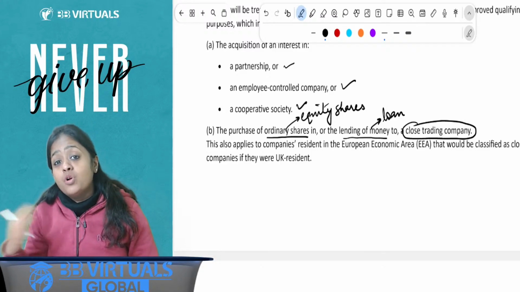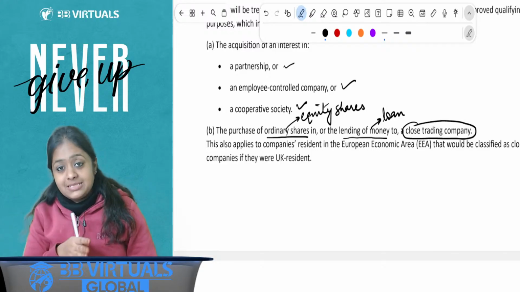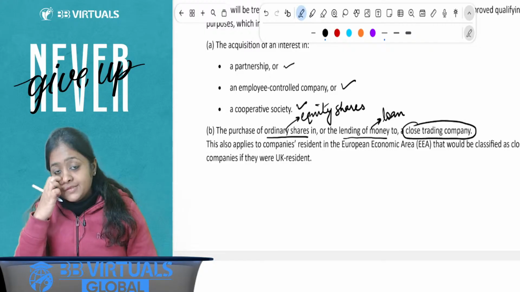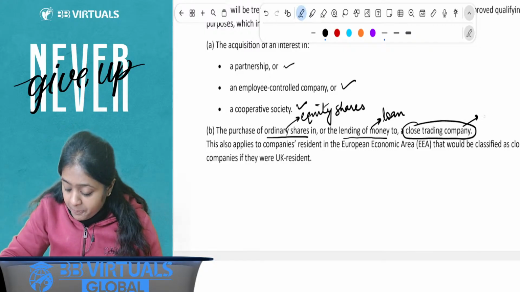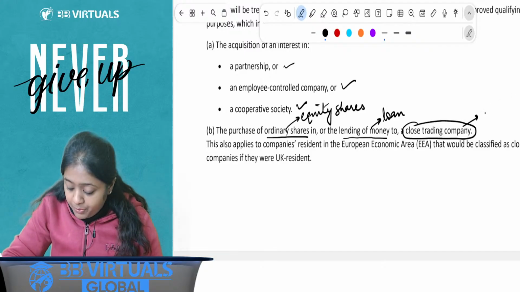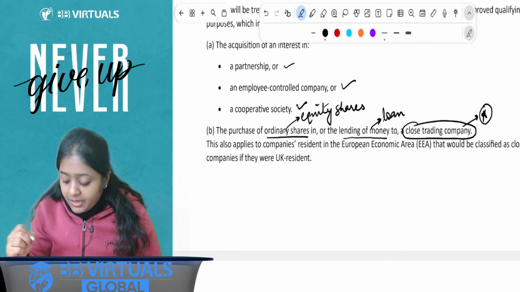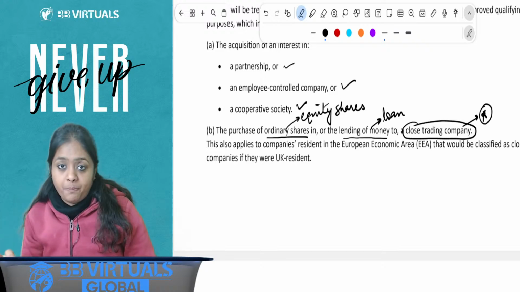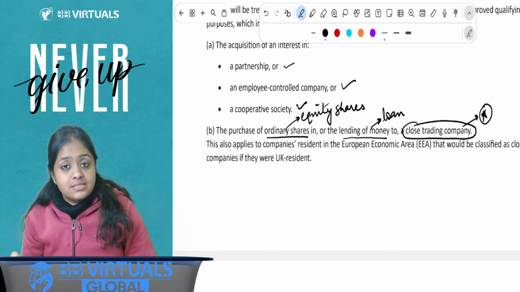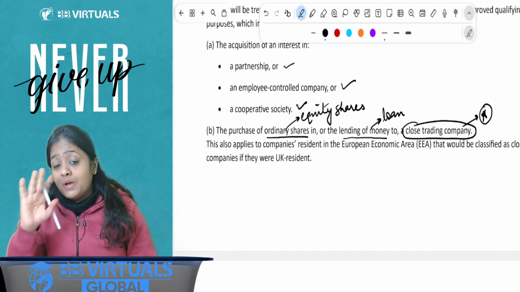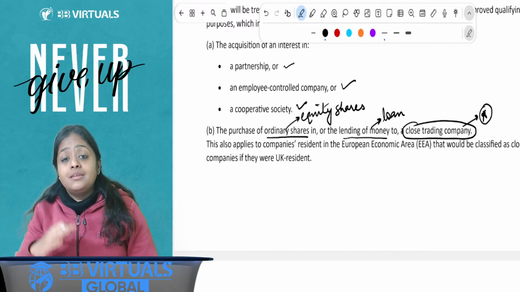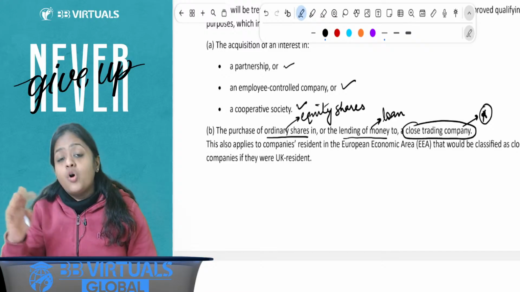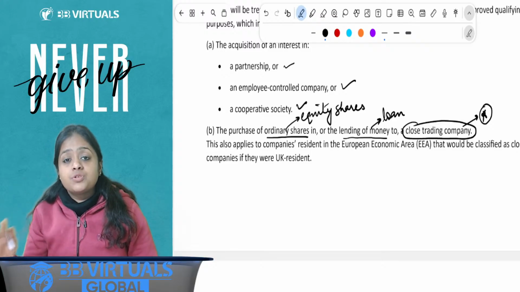When we study more chapters, at that time I'll explain with an example, in terms of close relatives and the other definitions, what is a closed trading company. So I will be putting this on hold and I will tell you later when we do that topic. But for the time being, just understand that for ATX purposes, there is one more qualifying purpose when a loan is taken to either invest in the ordinary shares or to give a loan to a closed trading company.